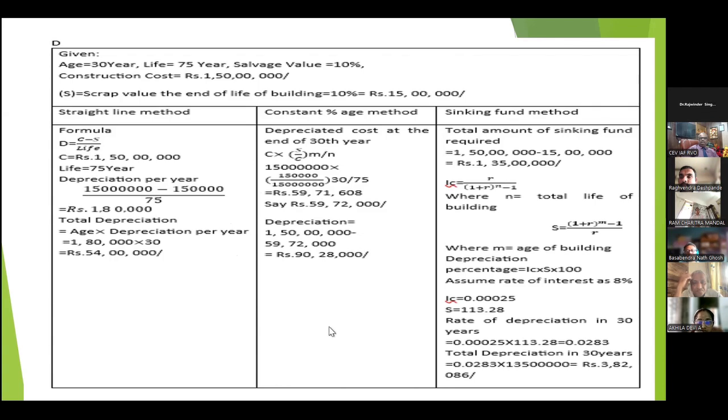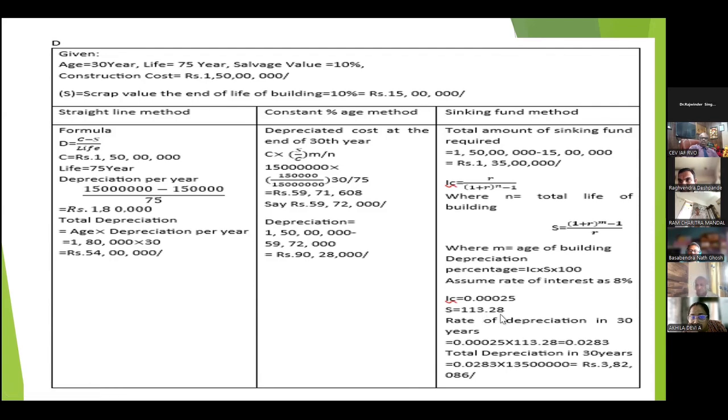And still see the difference of these two with the sinking fund method. So how much sinking fund do you require? 1 crore 50 lakh is the original cost and 15 lakh will be the salvage value, and you need to collect 1 crore 35 lakh. So you calculate IC. For IC, he has given you 8%. You calculate value IC for whole life of the building, and for 30 years, you calculate IC, it will come out to be 0.00025 and S is 113.28.